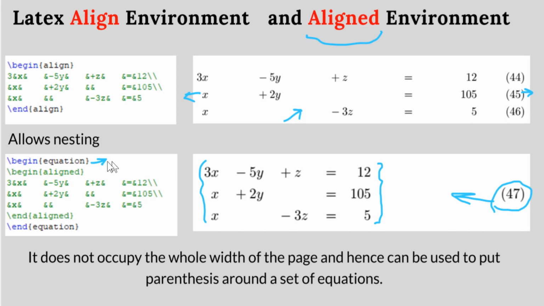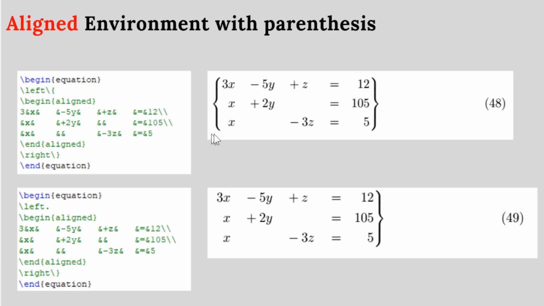But in this situation, I can put these brackets, and you might have seen these kinds of brackets in many mathematical books where you want to put a curly bracket. This can be done by using the aligned environment. Outside this aligned environment, we put backslash left and backslash curly bracket.